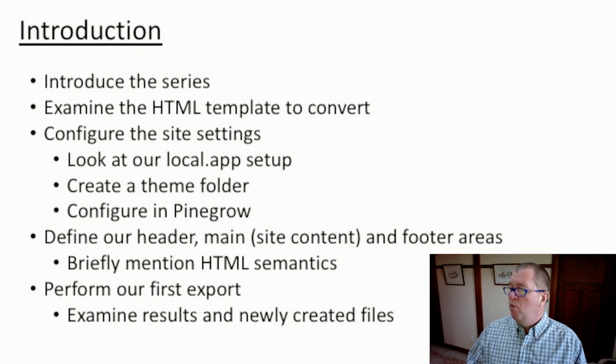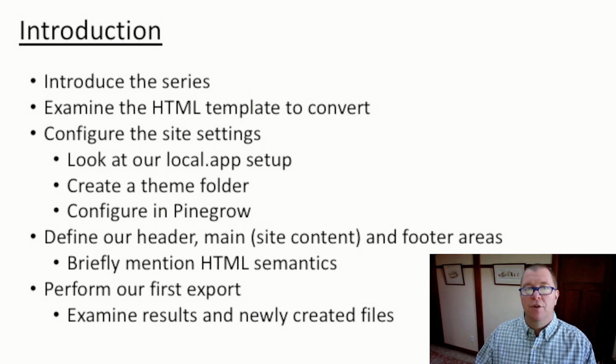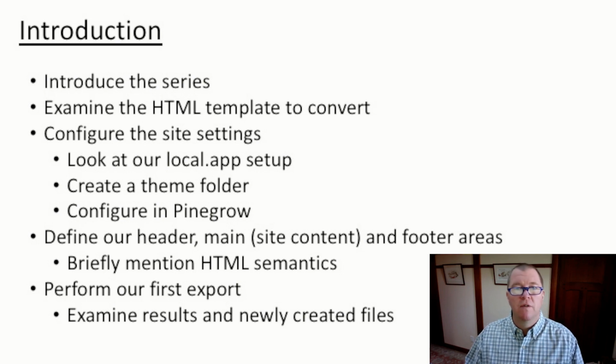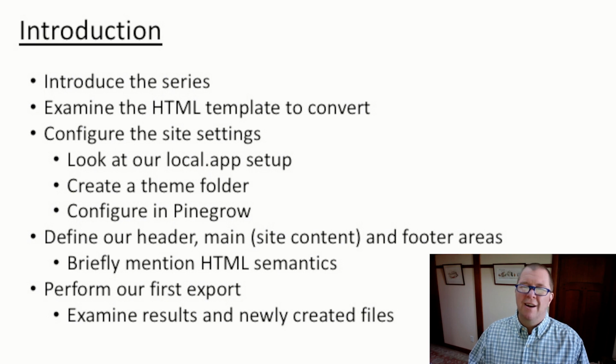So first up, we are going to look at how we've configured our site settings. I'm not going to go through this in depth because this has been covered in other tutorials, and I'll put a link below the video. But I do want to take a very brief look at where our files are going to go and how to configure that in Pinegrow, since it's the very first step in that conversion.